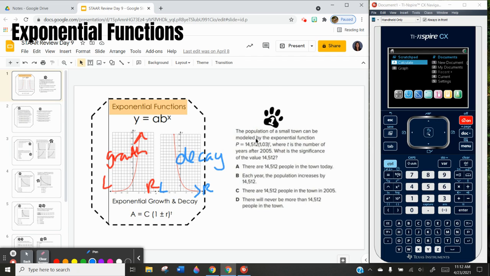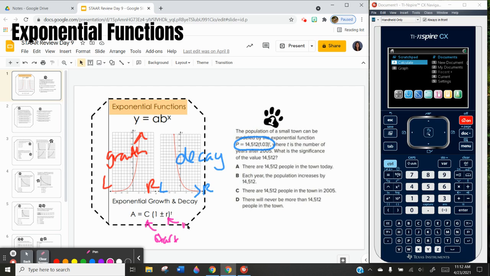So the first problem says the population of a small town can be modeled by the exponential function that's given. So here's your equation where t is the number of years after the year 2005. What is the significance of the value of 14,512? So going over this equation that has exponential growth and decay, remember that the c is your start value.